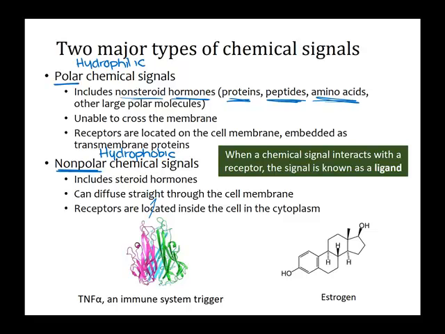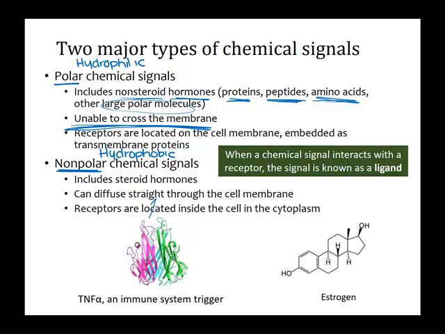Every once in a while you also have other large polar molecules that are considered non-steroidal, but the vast majority of the time you're going to have protein hormones. So protein hormones, hydrophilic hormones, polar chemicals, polar hormones: for our purposes, these are fairly interchangeable. Because they're so big and so polar, they cannot get across the cell membrane. They have to use a backdoor method, and we'll talk about that.